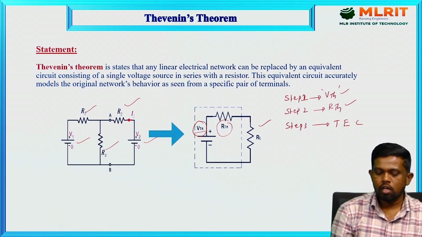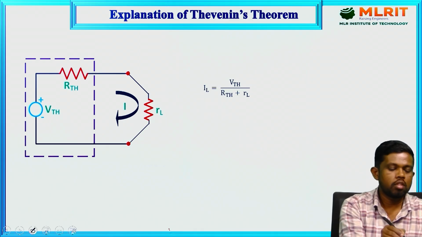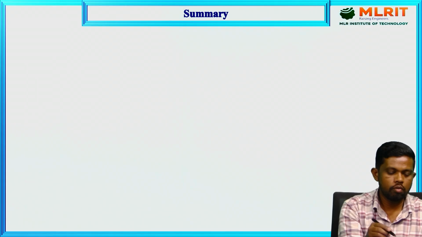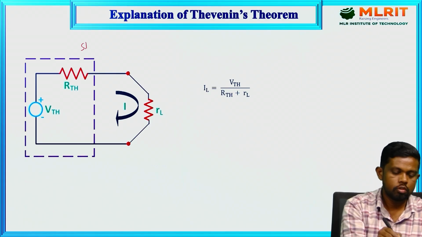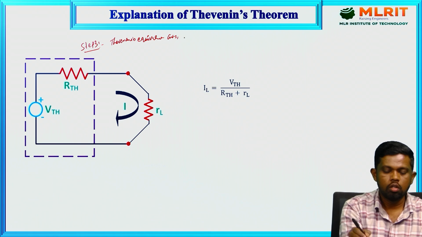So we can easily draw the equivalent circuit. The step number 3 is we need to draw the Thevenin's equivalent circuit with the RTH and VTH.